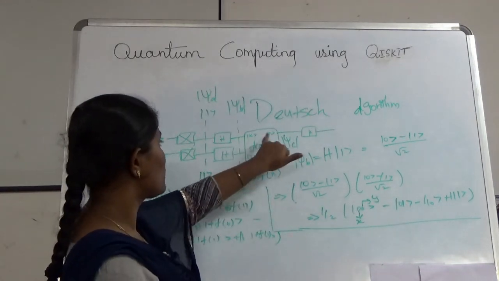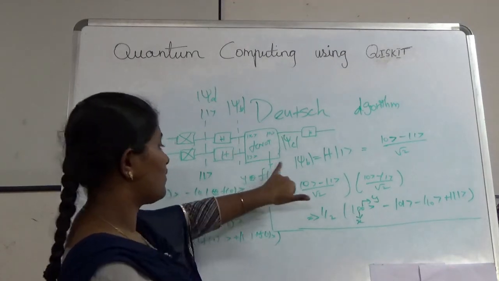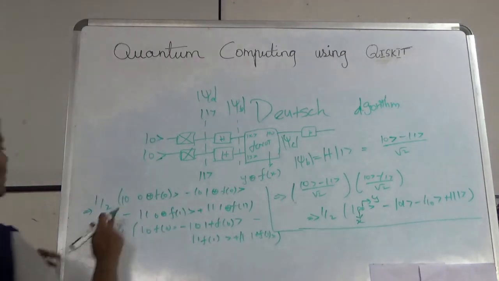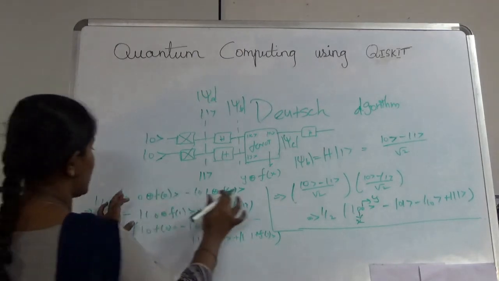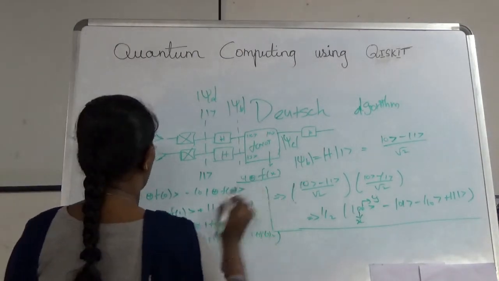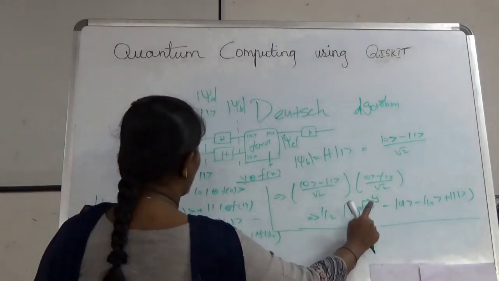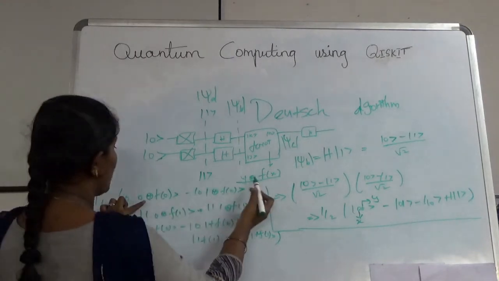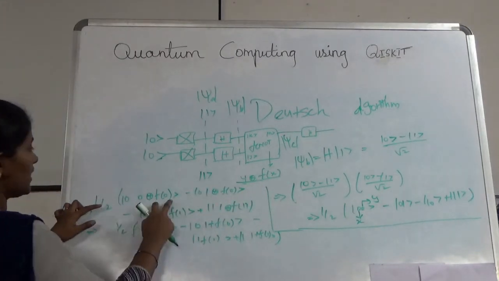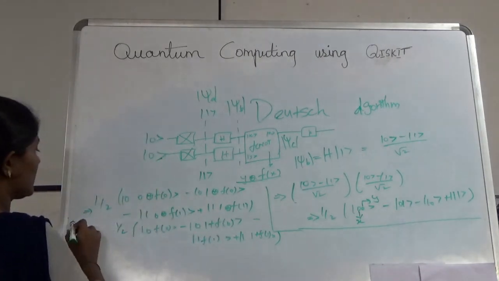So here x won't be changed, only y will be changed to y CNOT of f of x. So we keep x as it is and apply this to y. Here y is 0, so 0 CNOT of f of x, where x is 0. Likewise we apply it for all the states.